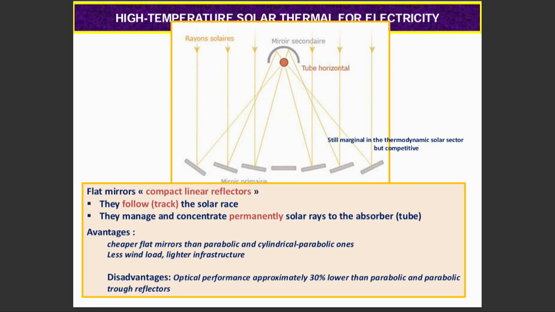Fresnel is like this, you have one focal line. And finally, you are building a kind of big parabol at ground level to concentrate. So it's a lot of different mirrors that also manage to concentrate.